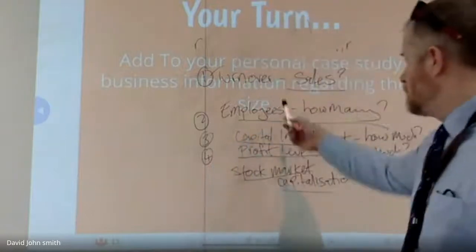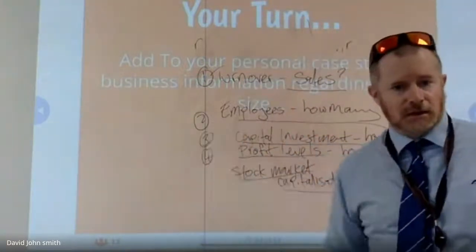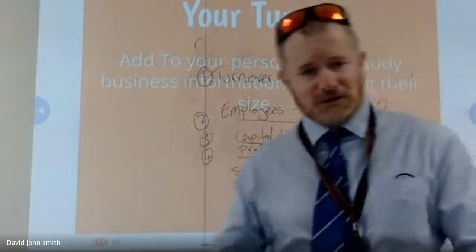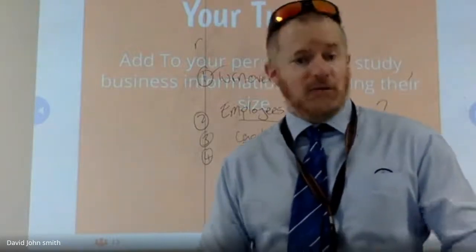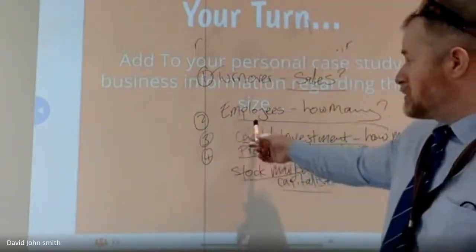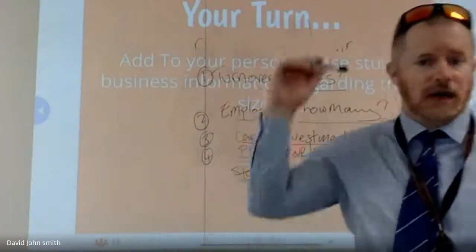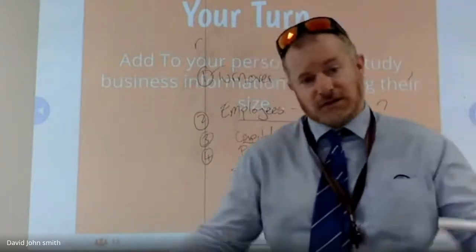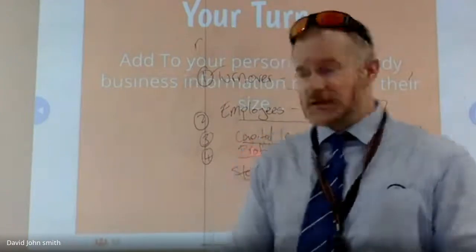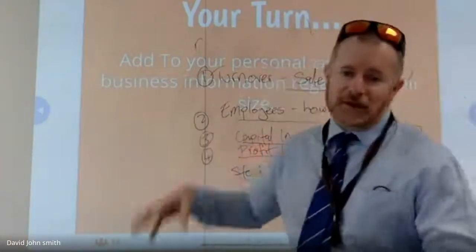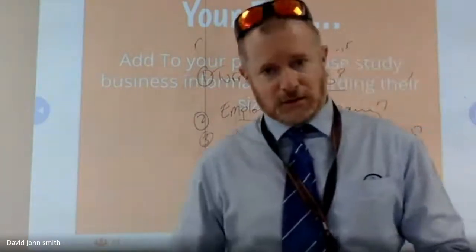If they've got 2 employees, then they're a small business, you would suggest. You might be surprised and find that a business you thought was small actually has hundreds and hundreds of employees, therefore it's considered a large business. And you're going to add that information to your slides.